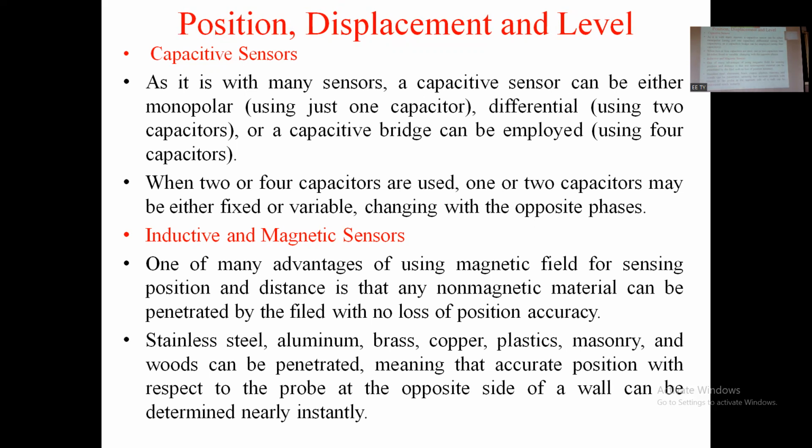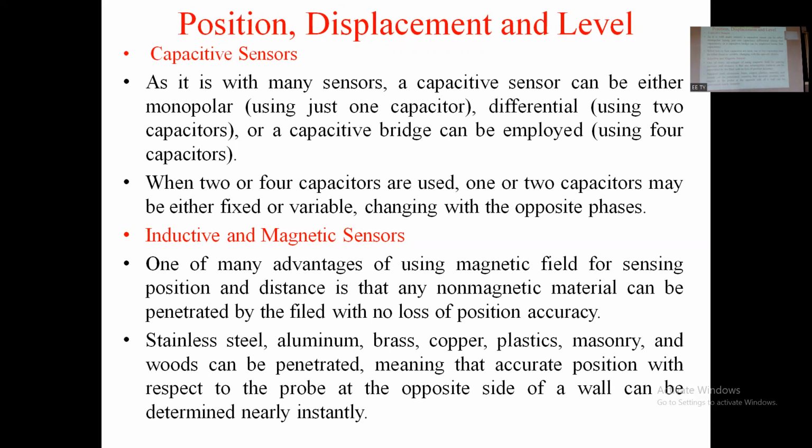Okay. See, stainless steel material, aluminum material, wood material, copper material, whatever material it may be, either magnetic or non-magnetic, we want to penetrate at an accurate position by using these types of sensors.